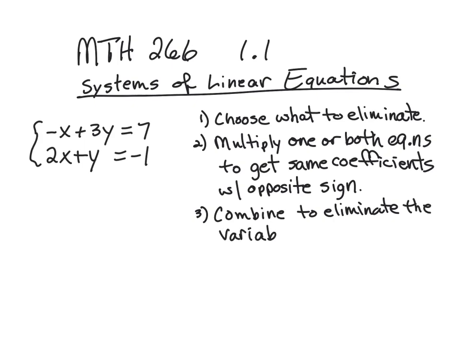Once we've done that, if all we're doing is solving a system, then we can back substitute to get the answer. As we start using more and more matrix methods, we're going to go farther than just back substitution, but it's a good place to start.